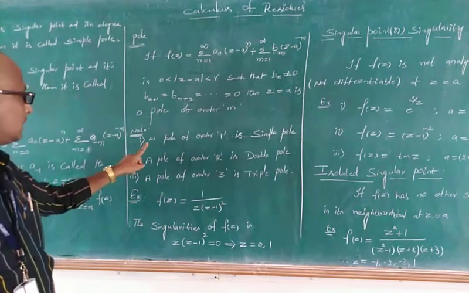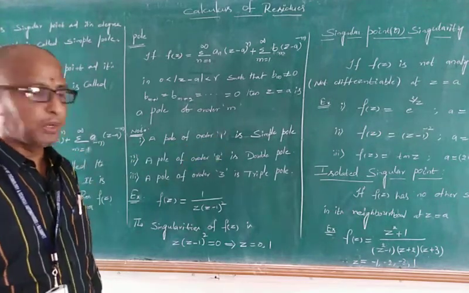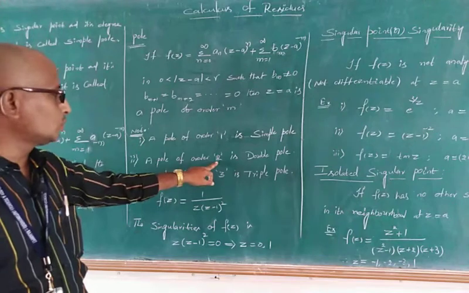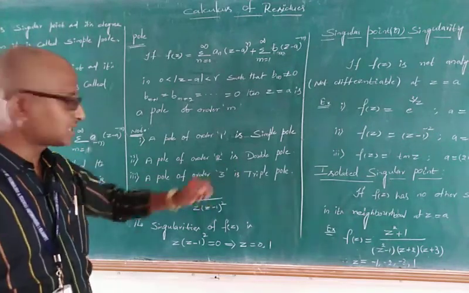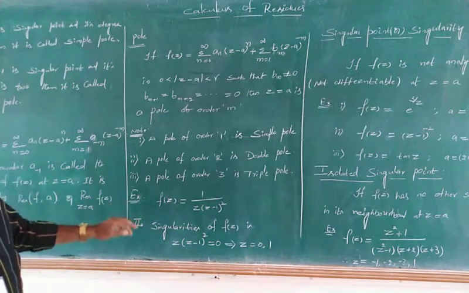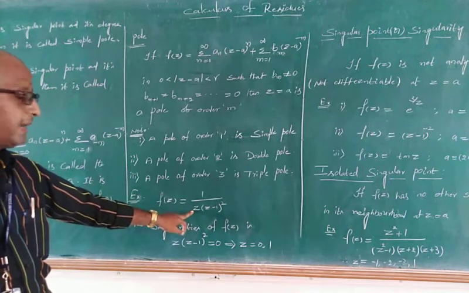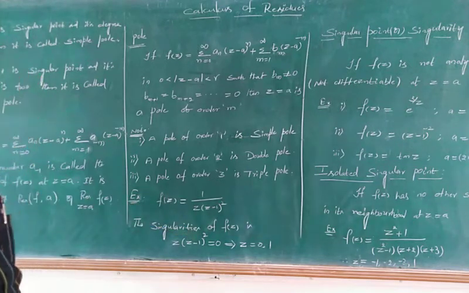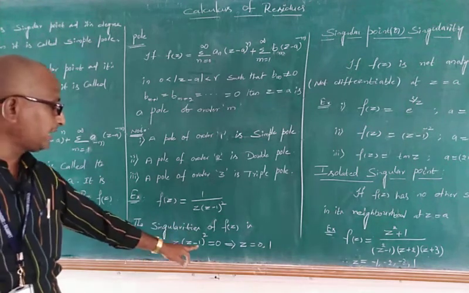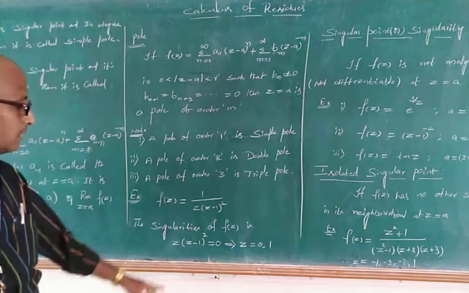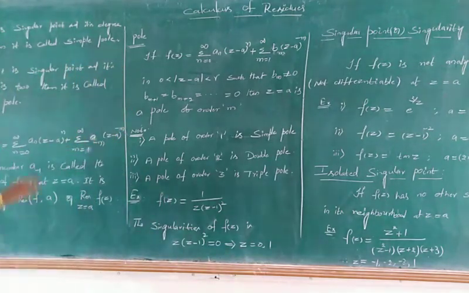Note, a pole of order 1 is called simple pole, a pole of order 2 is called double pole, a pole of order 3 is called triple pole. Example, f(z) = 1 / (z(z − 1)²). The singularities of f(z): z(z − 1)² = 0 implies z = 0, 1.